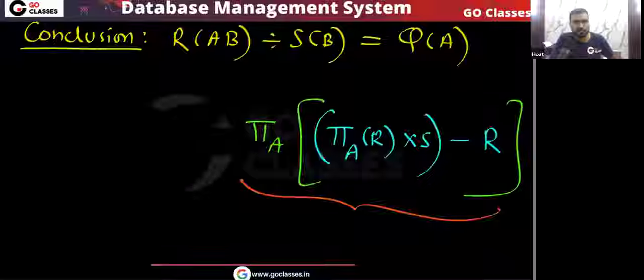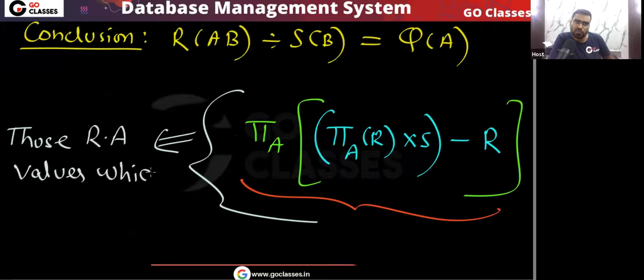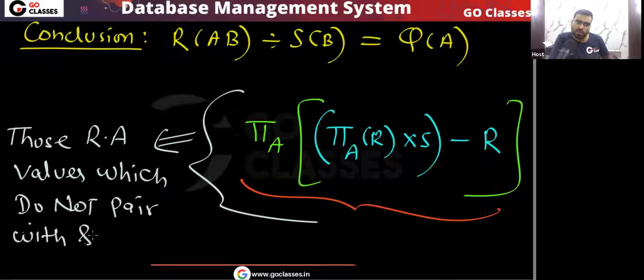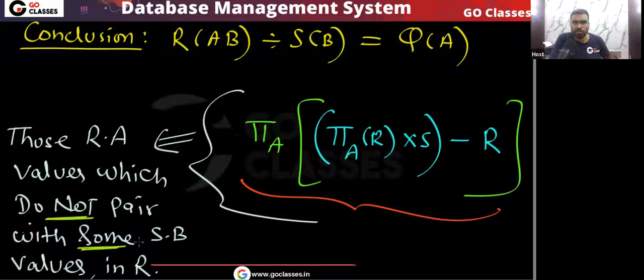This equation gives you those A values which do not pair with some S.B values in R. Yes or no? That is the reason these are disqualified: they do not pair with at least one S value.